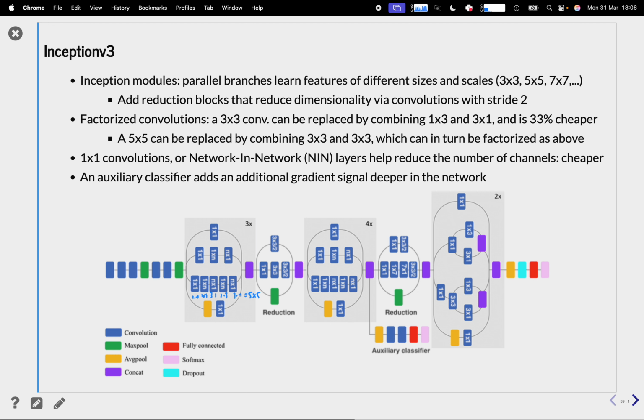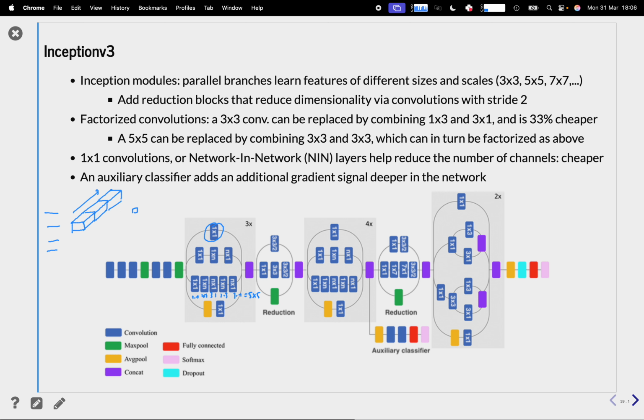One more thing you may have noticed are these 1 by 1 convolutions. Now 1 by 1 convolutions or network layers, they just help you control the number of layers that you want. So say after combining all these branches into this complex concatenated output tensor, you may have a lot of channels here, right? And you may want to reduce that. And so you can reduce it easily by doing n by n filter.